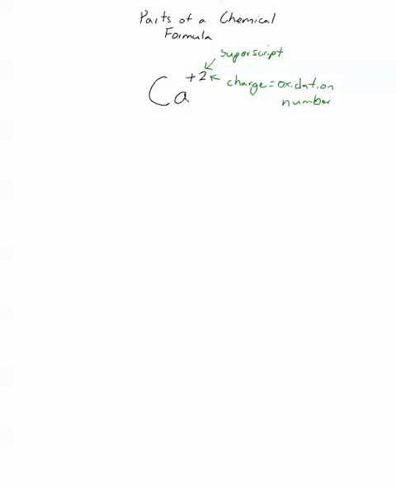There's a couple other ways that you'll see some formulas written that are going to have some other numbers, and it can get a little bit confusing on you, okay? So let's say we have CaCl2. Now, this number right down here, that is not the charge, okay? This is what we would call the subscript.